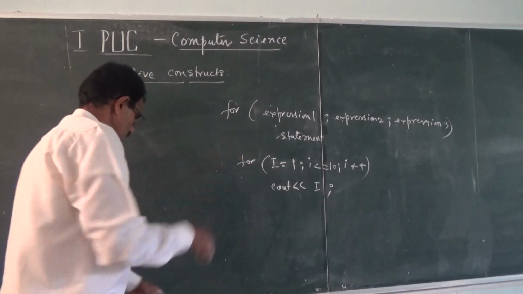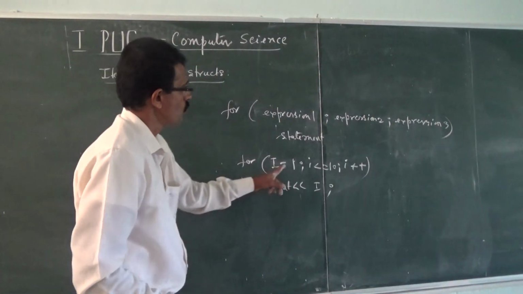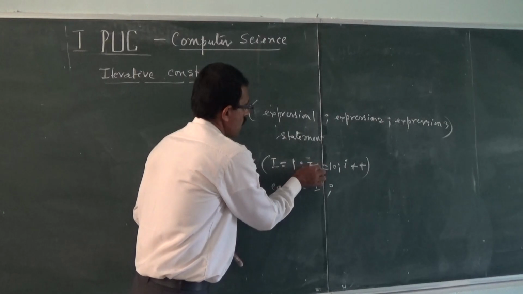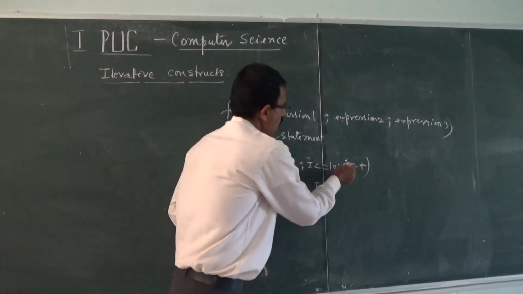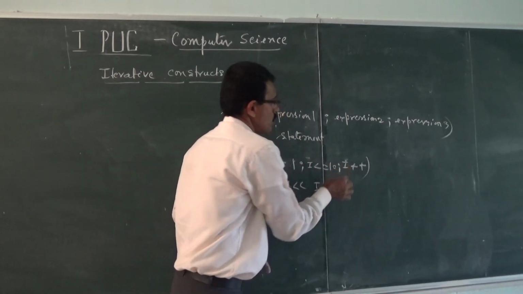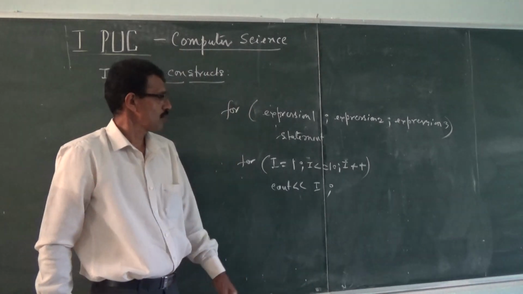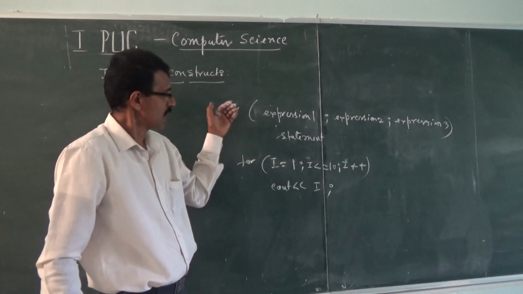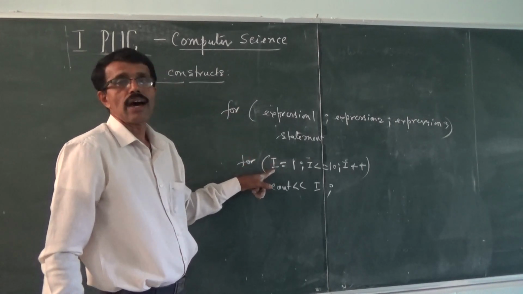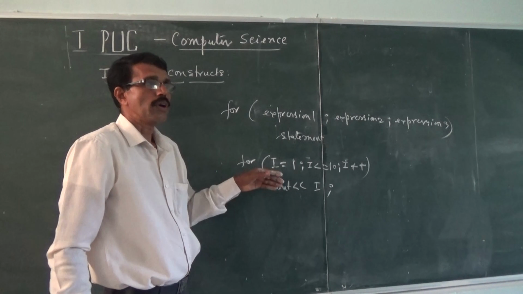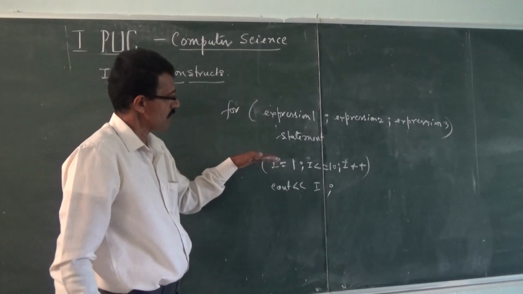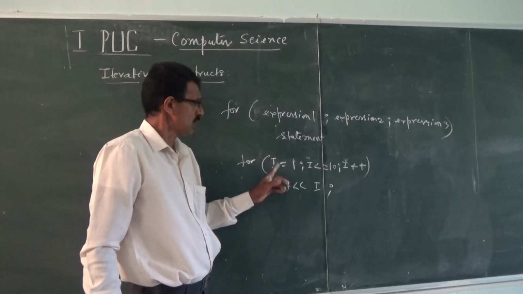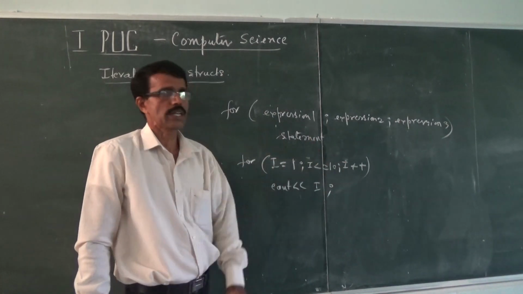I wrote this example. C++ is a case-sensitive programming language. If I declare the variable with capital letter I, in the same case you have to use the same variable in the procedure part also.